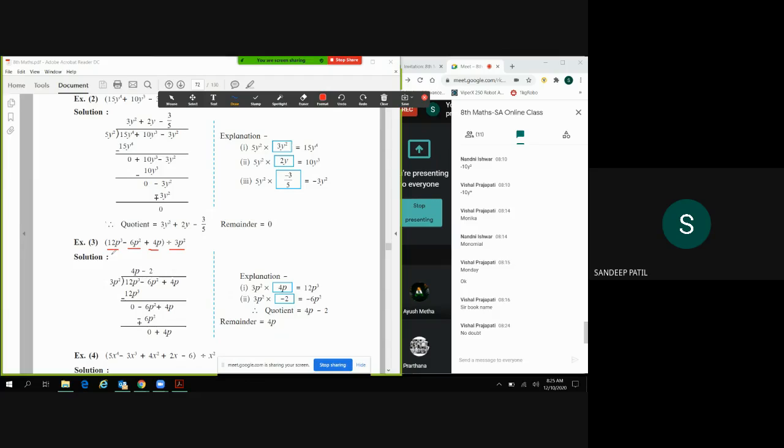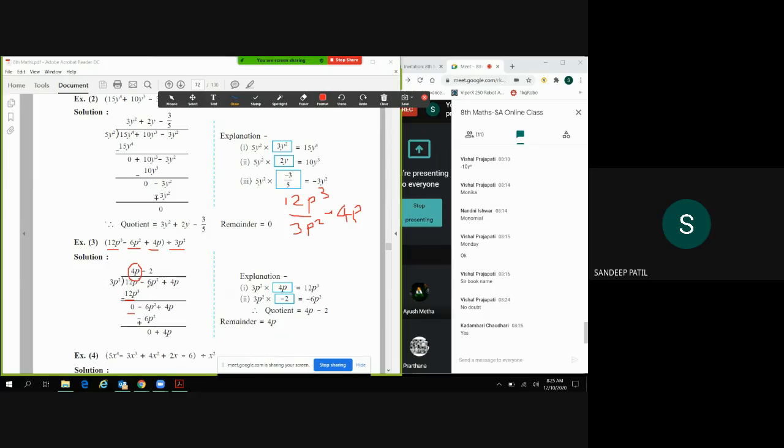We will carry out the division one by one. 12p cube divided by 3p square: 12 divided by 3 becomes 4, and p cube divided by p square becomes p, so 4p. That's the answer here. So 4p into 3p square becomes 12p cube. If we do this subtraction, we will get 0.